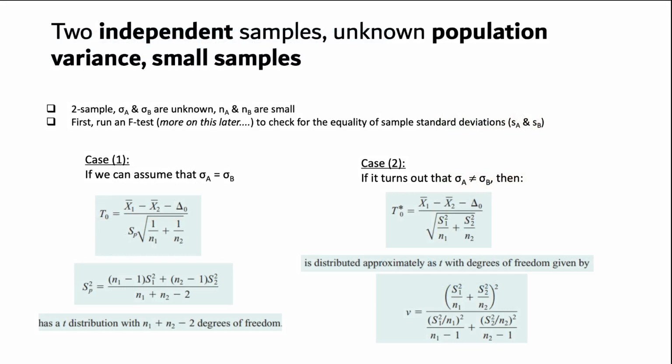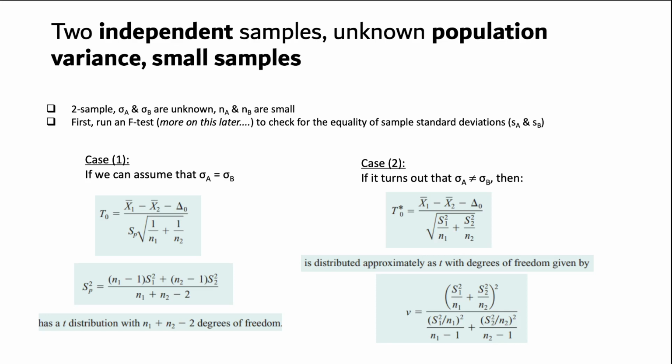In two independent samples with unknown population variance and small sample, we might have two cases. In the first case, we can assume that the standard deviation or the variance of the first population is equal to the standard deviation or variance of the second sample.